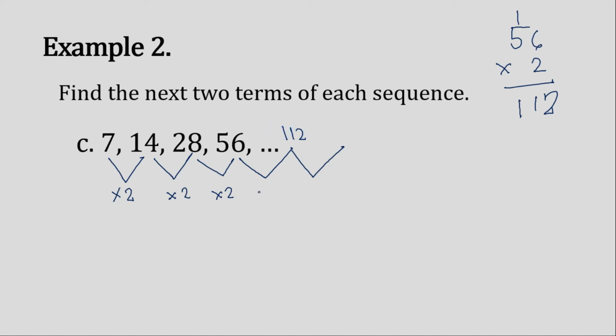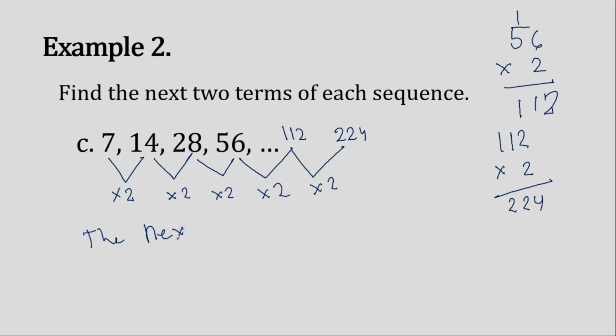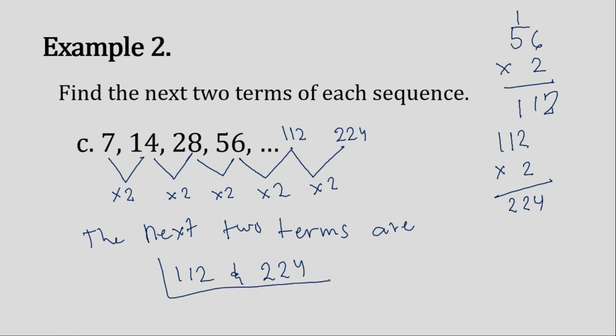Then 112 multiplied by 2 is 224. Therefore, the next two terms are 112 and 224.